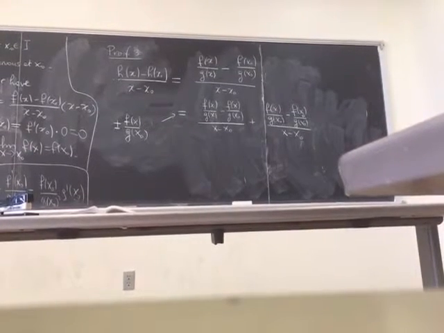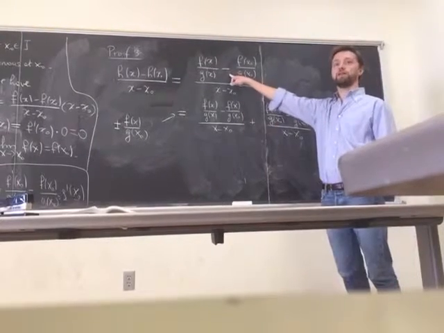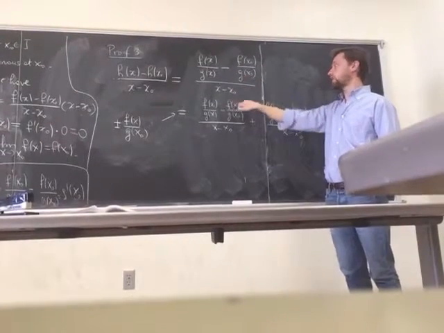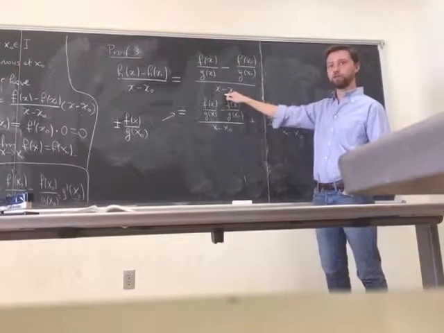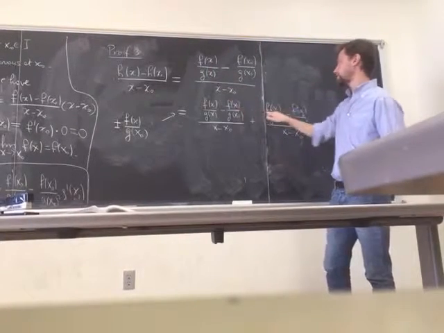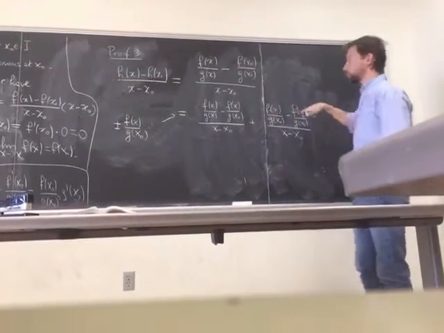So I just added and subtracted this from what we had here. When you subtract it, you have these minus these over x minus x naught, plus this one that I have to add back, and then minus this which was already there.